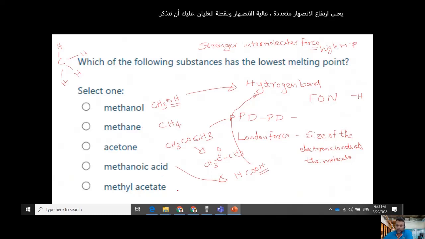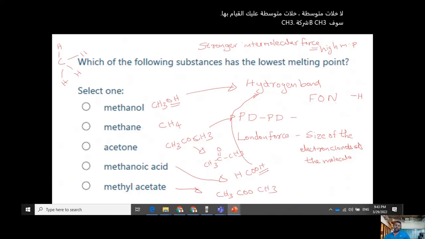Now, methyl acetate. The structure of this molecule is CH3COOCH3. Hydrogen bonds won't form here, but CO bonds are there, like the COO bond.